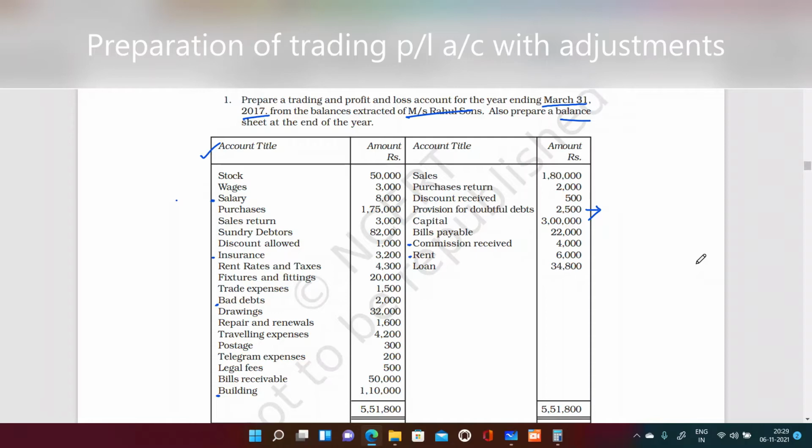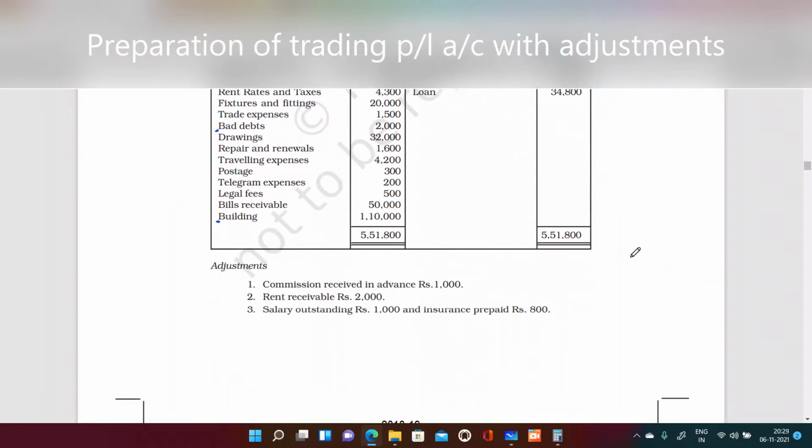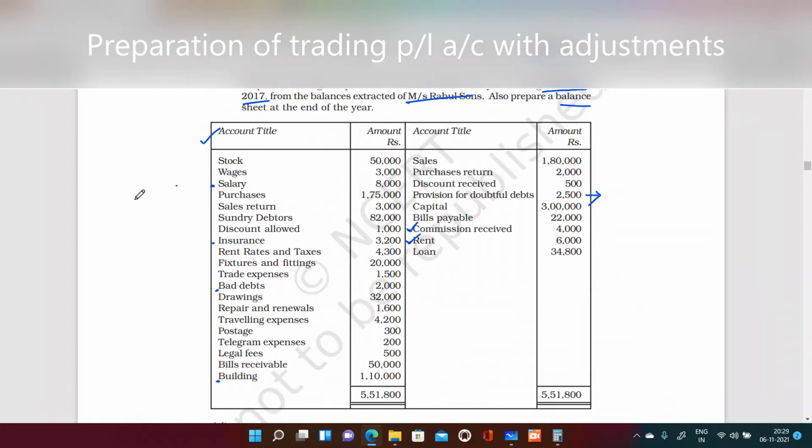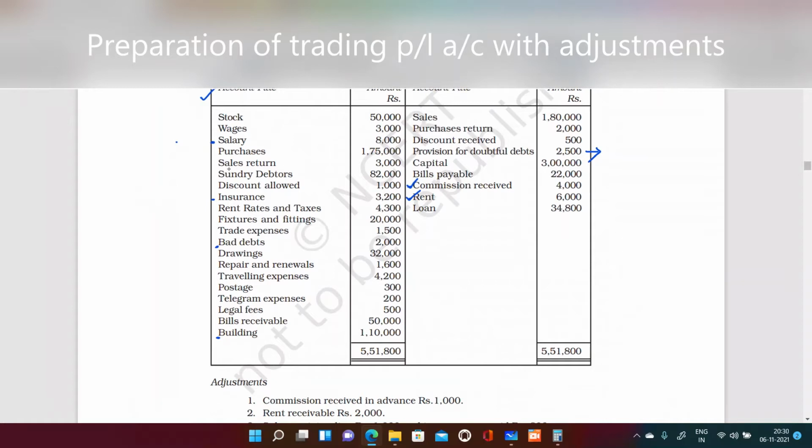So we will see what all the adjustments are in the adjustment section. Commission received, so I will put a tick mark on commission received, so it will remind me I have to make an adjustment under commission received. Then rent receivable, so rent is here. Then salary outstanding, where is salary? On the top it is there. So I have to adjust these adjustments under these heads.